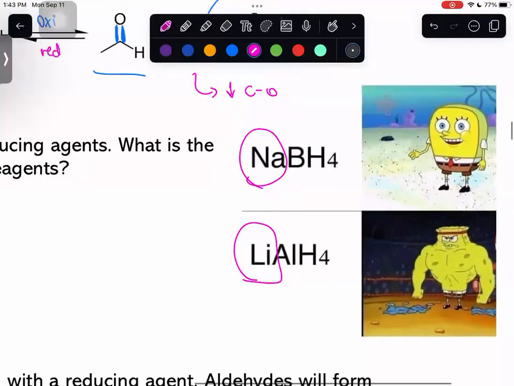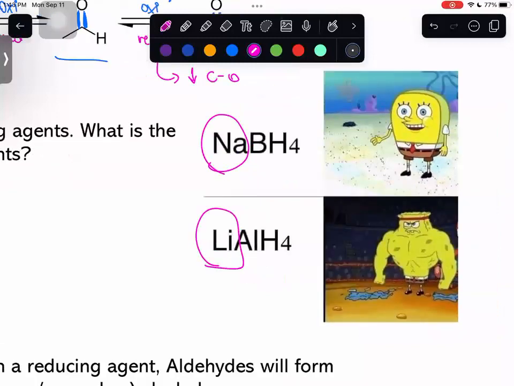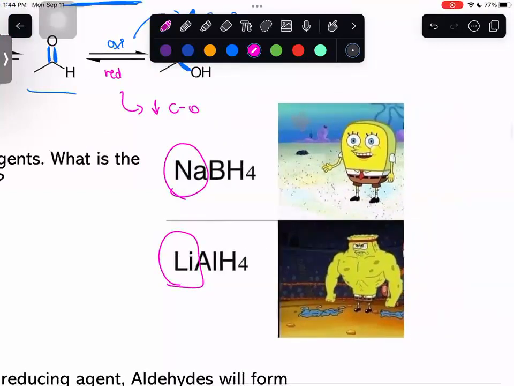So what's the main difference that we see between those two photos? The gains. This bigger one. Exactly. We see the gains. One of them is way stronger than the other one. So the sodium reagent, as we can see, it's really small, it's really weak. It's gonna be a weak reducing agent.